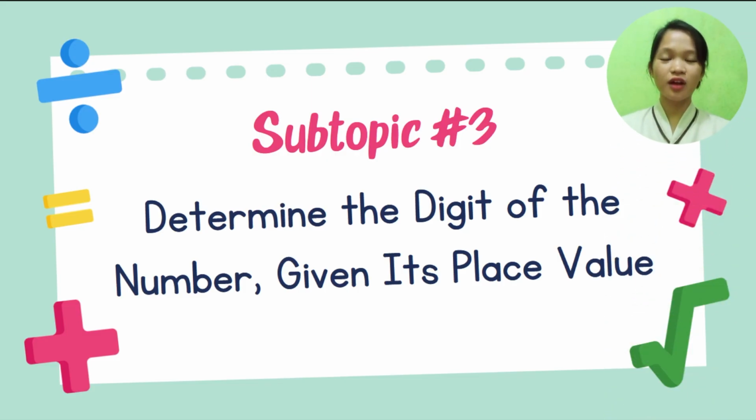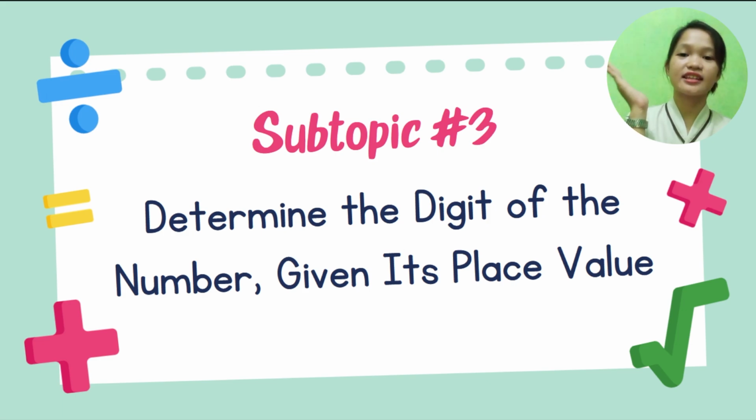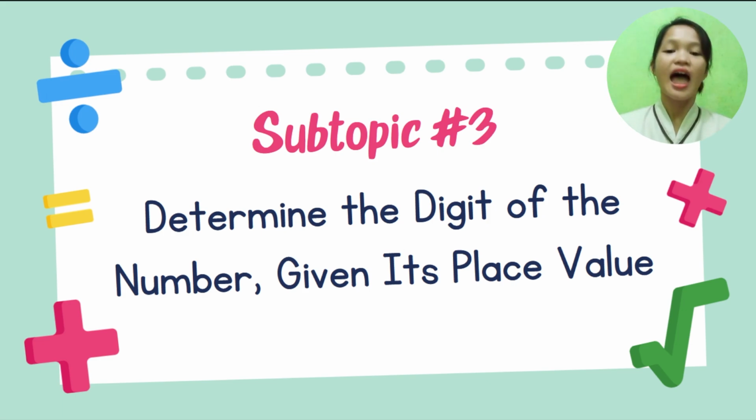Now, let's proceed to our final subtopic, which is to determine the value of the digit given its place value. When we say place value, it is the value of the digit based on the position in a number. Every digit has a special place value.